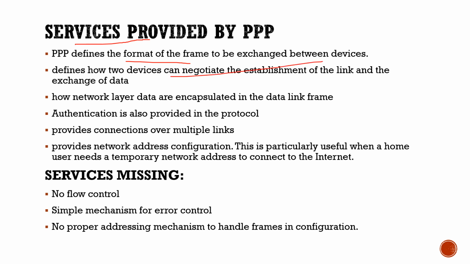Next, in the data link frame we are going to get the data from the network layer. The network layer data will be in the form of packets. So this defines how the packet is encapsulated into the data link frame. Next, authentication. We know what authentication is: only trusted users will be able to access the protocol.